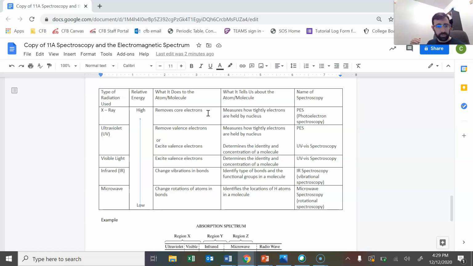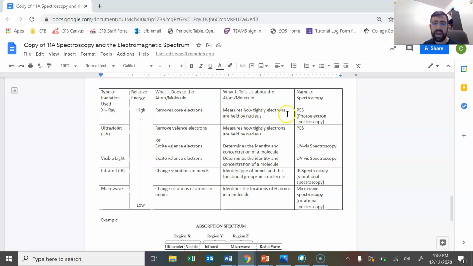So you have to remove the outer electrons and get all the way down to the core electrons and remove them from the lowest principal energy level, which requires the largest amount of ionization energy. Okay. So we can use an X-ray to do that, to take core electrons off of an atom or molecule.